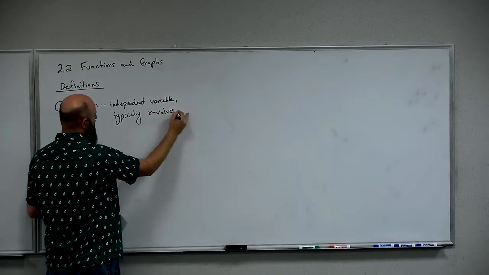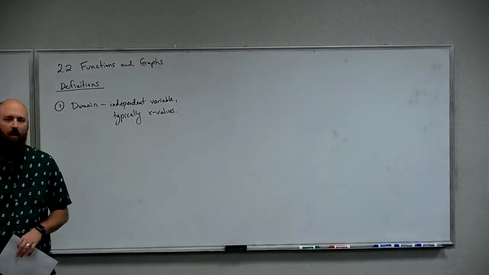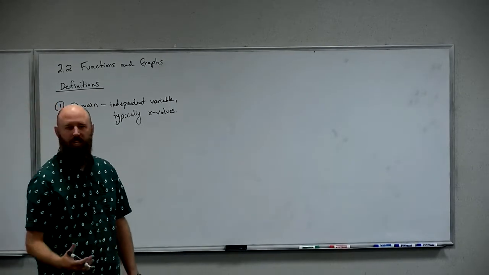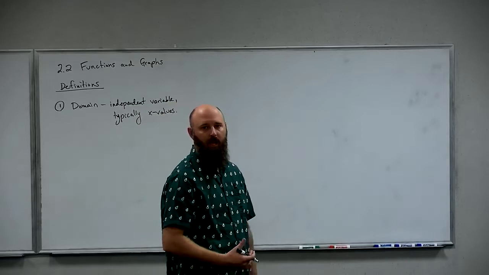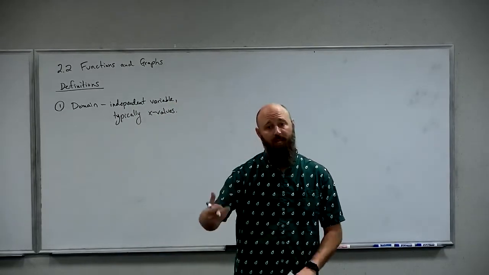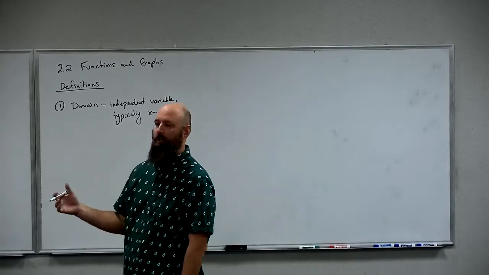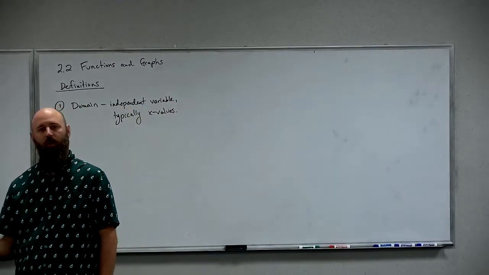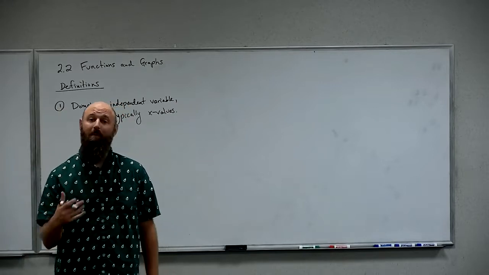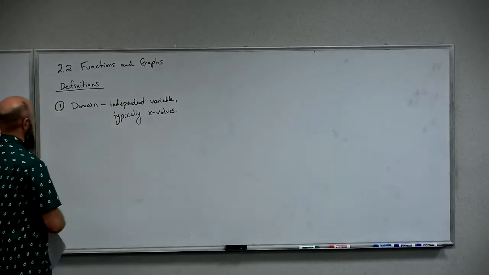Now we don't always use x, we use other letters sometimes, but when we're looking at graphing and those types of things, we use x and y. And so our x values are what we plug in to other things. We plug in those first and say, hey, this is what it is, and we determine the y value from that. So that is considered our domain.